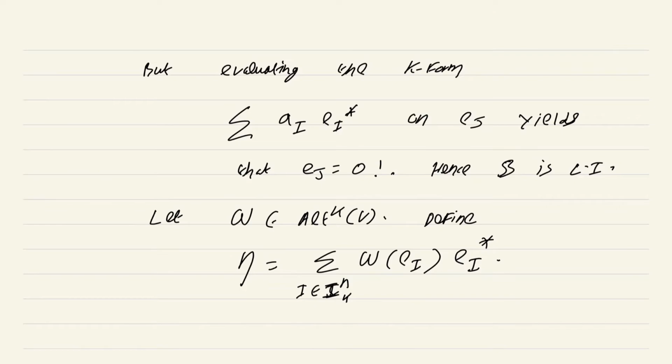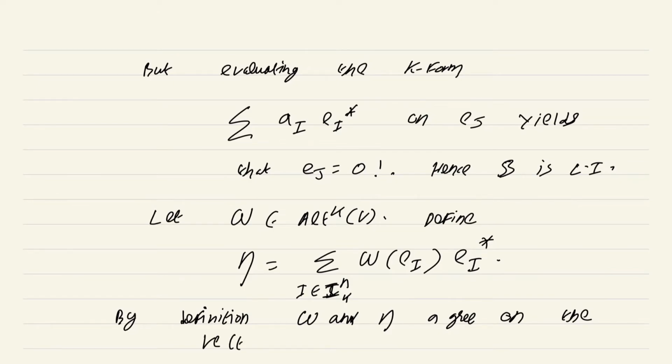By definition omega and eta agree on the vectors, not the vectors actually, on the ei. That's the correct way to say it, because ei is actually a k tuple of vectors, not just a vector. So by the way I have constructed this eta, omega and eta agree on all the eis.